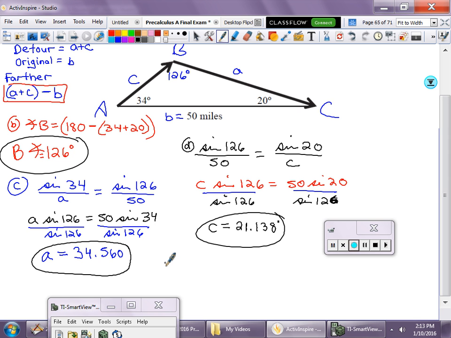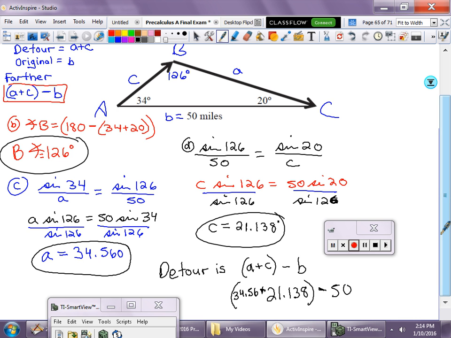So detour is, let's go ahead and put that plan in that we said, which is A plus C minus B. Put in those values: A, 34.56 plus C, minus our B value, and B was given.